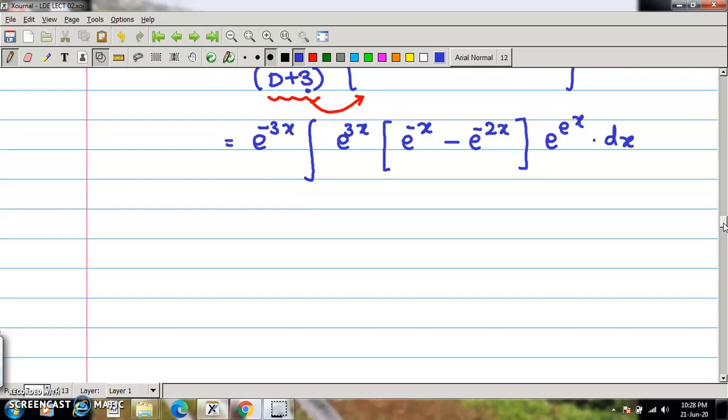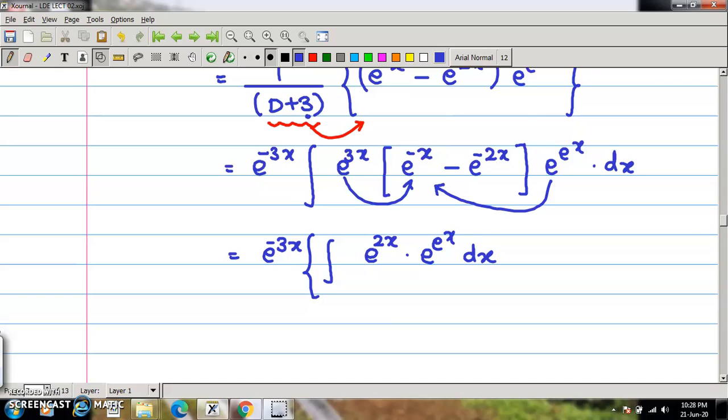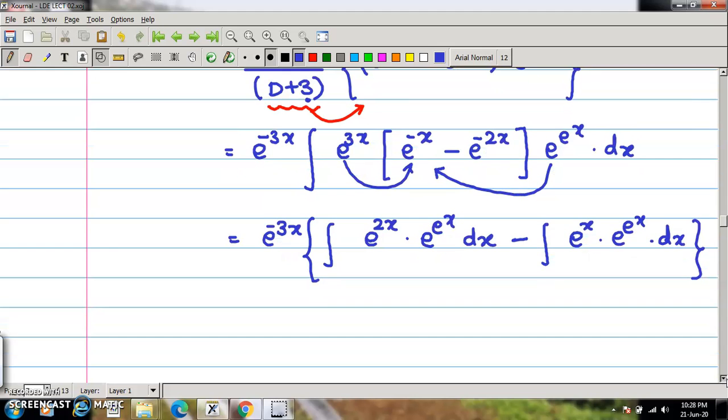So we can separate these two integrations. e raised to minus 3x as it is, the first integration will be e raised to 2x into e raised to x dx. If you take this term multiplied here along with e raised to x, minus integration of e raised to x into e raised to x into dx. These are the two terms.